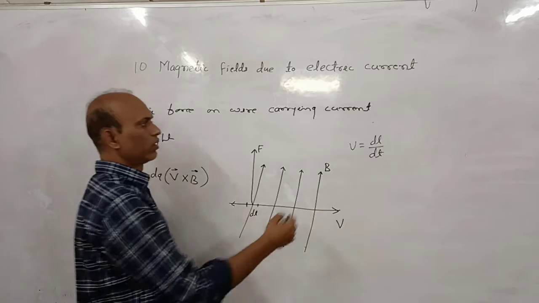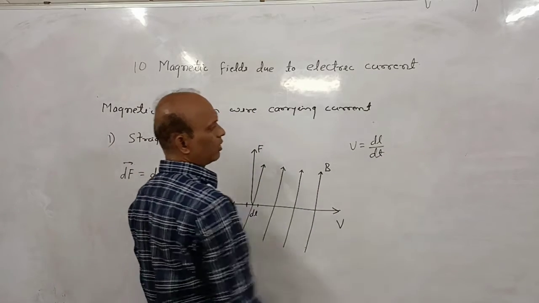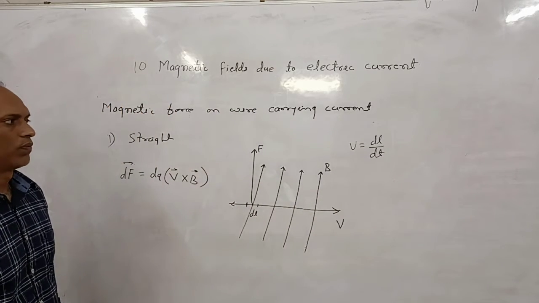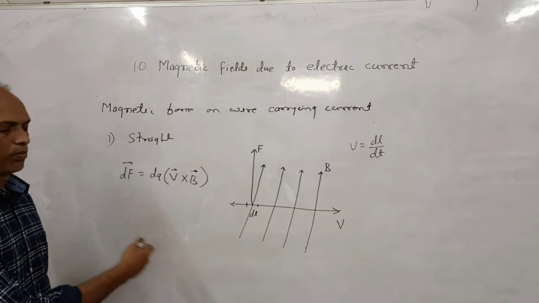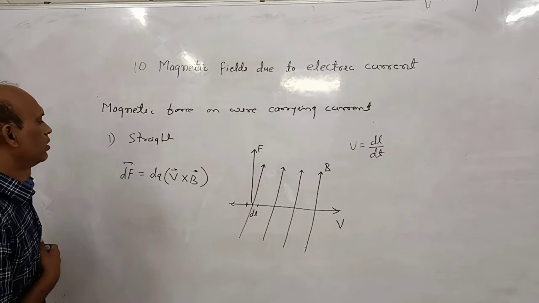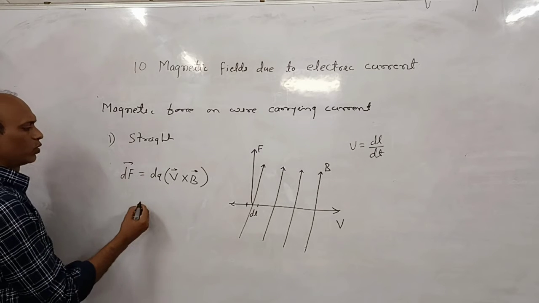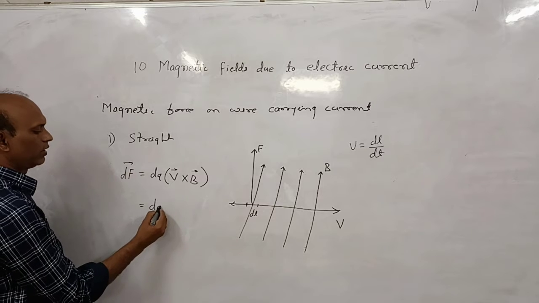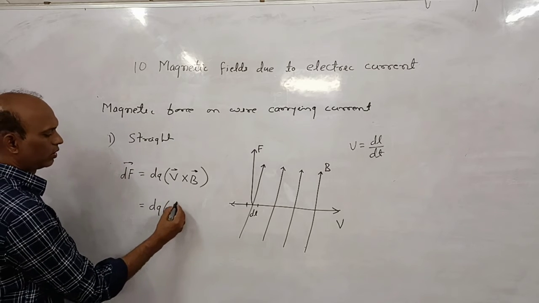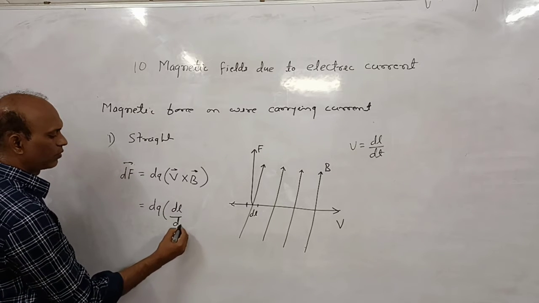Now we know that velocity is dl by dt. So this equation becomes dq multiplied by dl divided by dt.